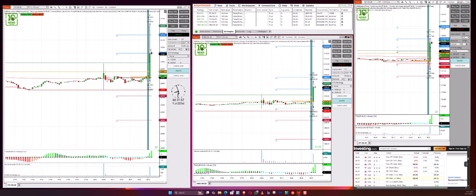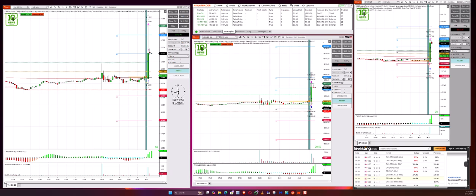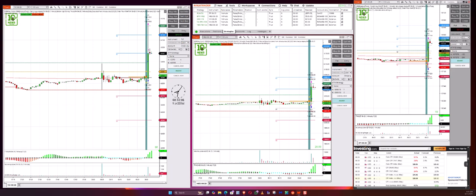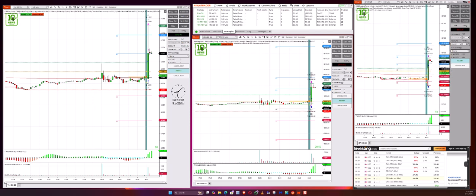Now I just tested bonds. It just looks like the bracket was too small. The move was pretty big, it looks like.